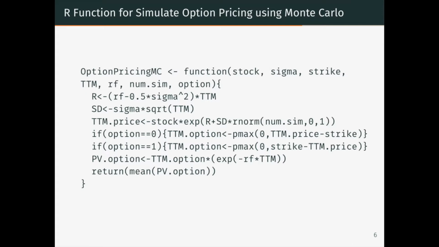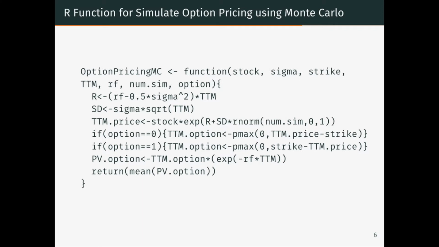In R, we can use the pmax function to calculate the maximum between 0 and ST minus K for each value within our TTM.price sequence. Then, we can calculate the discount of each value to the present by multiplying by e to the power of minus mu times time to maturity to our TTM.option sequence.